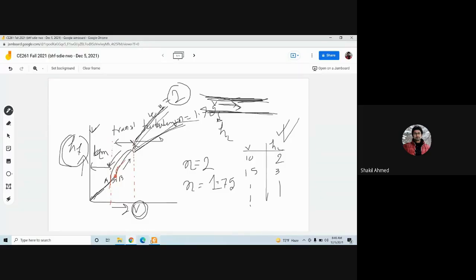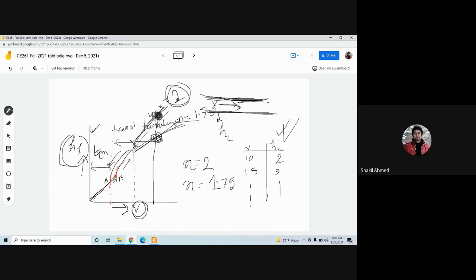Am I right? For a particular velocity here, which one has higher head loss? This one, right, than this one. N equals 2 is higher. Why?